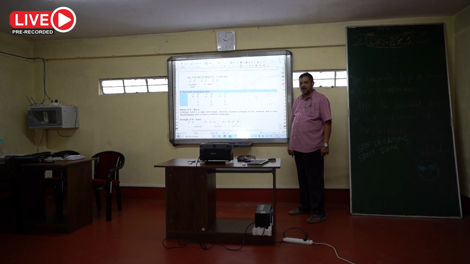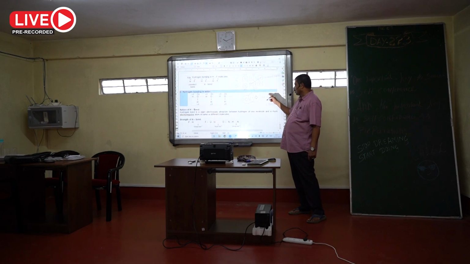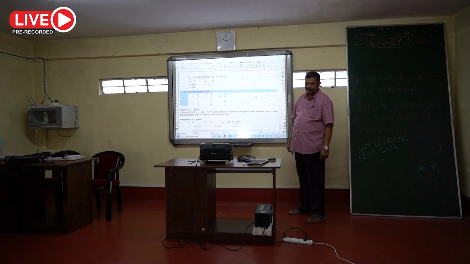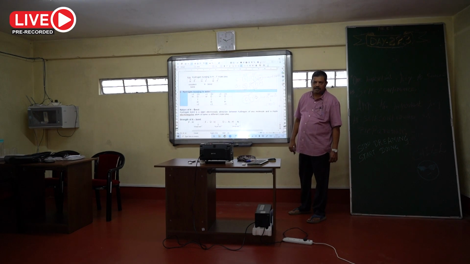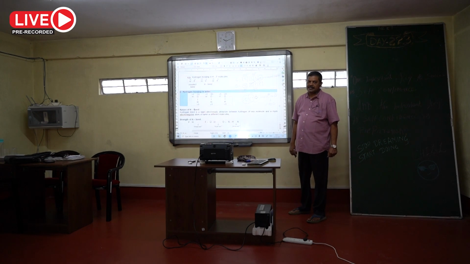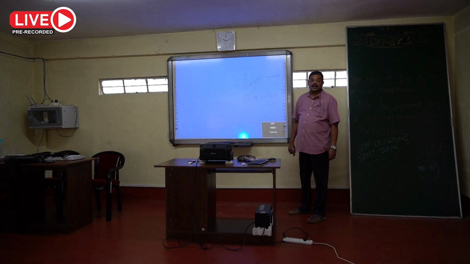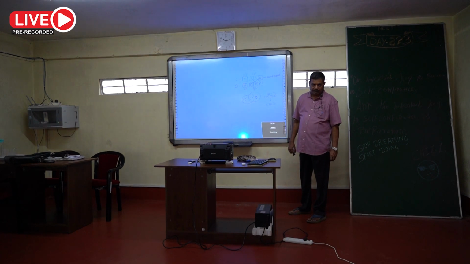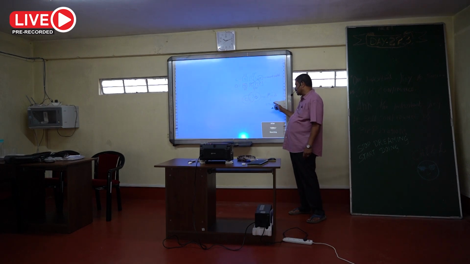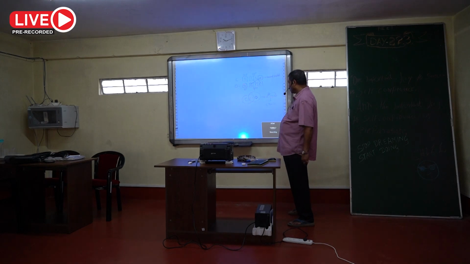Here who is the donor? Oxygen is the donor. Who is the acceptor? Carbon is the acceptor. An arrow is indicated for a coordinate covalent bond. That arrow represents a coordinate covalent bond, which is from donor to acceptor.